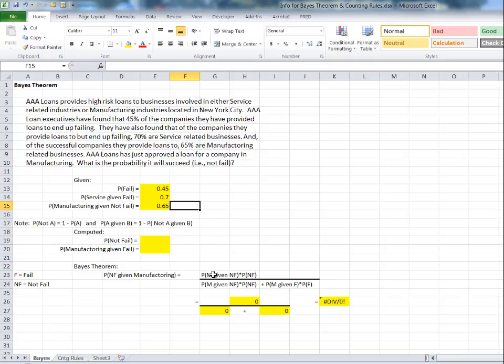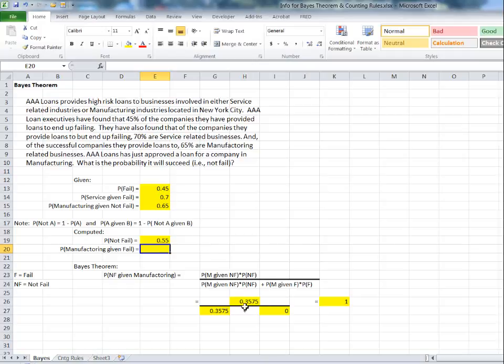Well, probability of manufacture given not fail is given to us, 0.65, times the probability of not fail. Well, it's indirectly given to us because we know that that is 1 minus probability of fail, so 0.55.